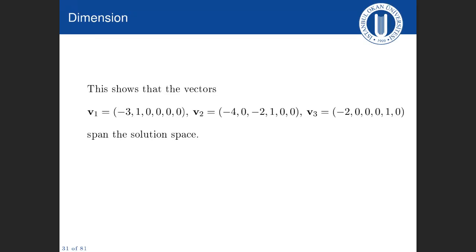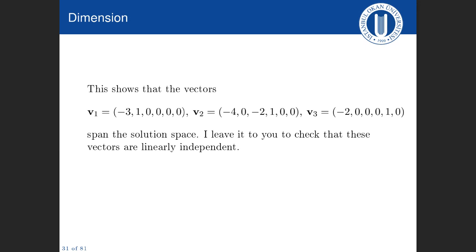So these vectors span the solution space. I'm going to leave it for you to check that these three vectors are linearly independent. That means these three vectors form a basis for the solution space. And from that, we can say the solution space has dimension 3. There are 3 vectors in the basis, so the dimension must be 3.